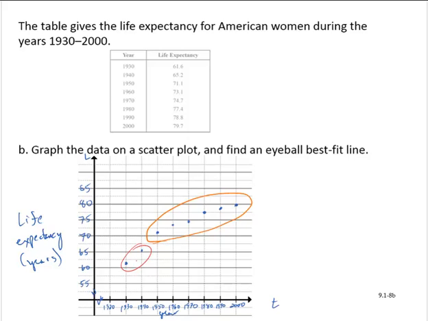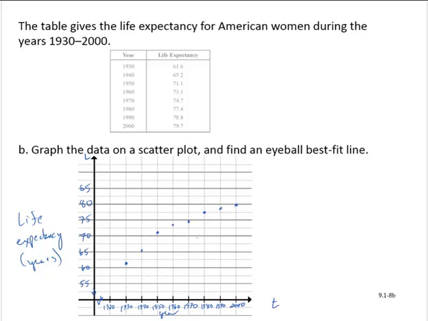Even though we generally want to get as many points as possible on or near the line, in this case I'm going to focus on the second grouping, the grouping in orange, and draw the line that best fits those.